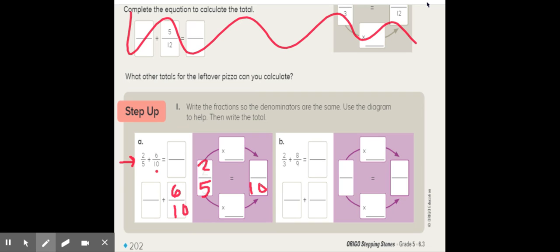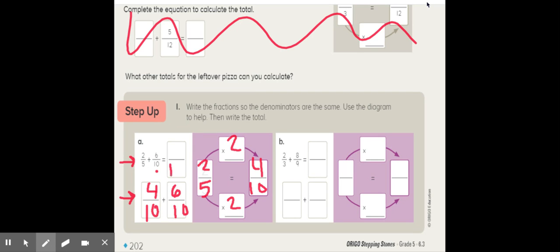My relationship between the 5 and the 10 is a times 2. So I use that relationship in my numerators, times 2. 2 times 2 is 4. I'm going to go back to my problem over here. And instead of writing 2/5, I'm going to write 4/10 because I just found out that was equivalent to 2/5. All right, and then I'm going to come back up here.